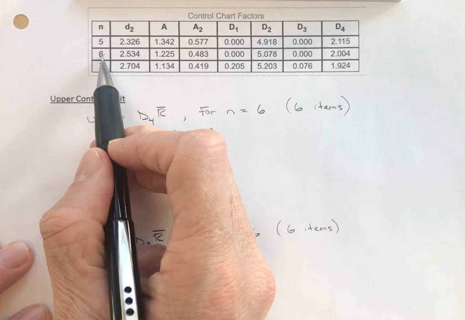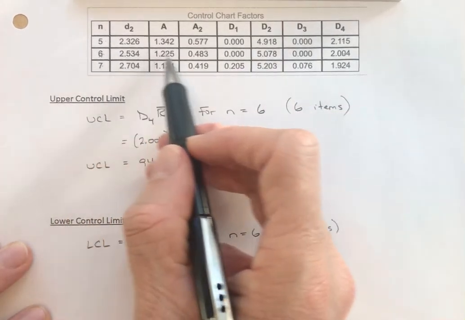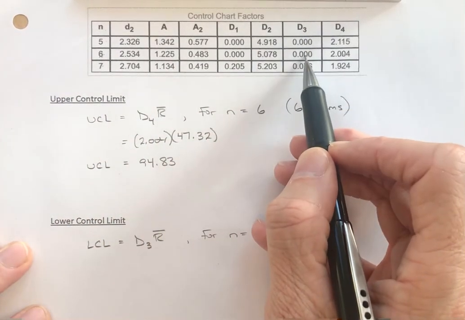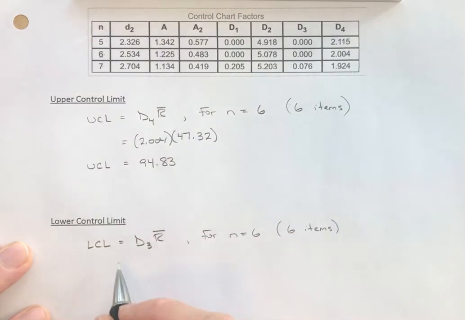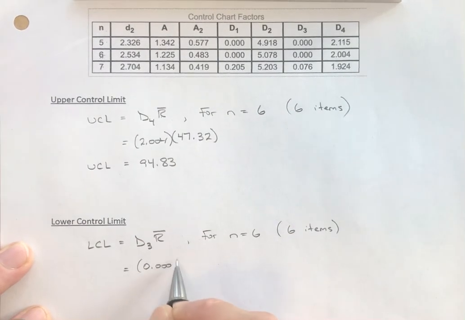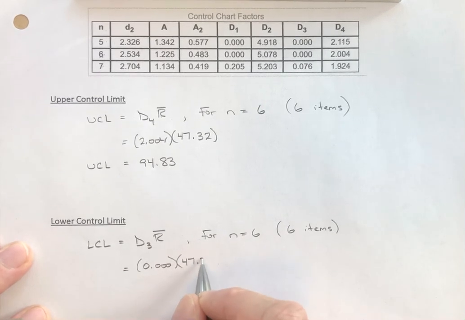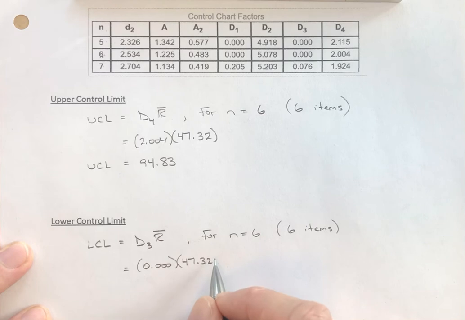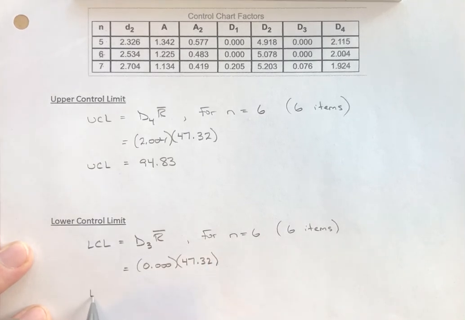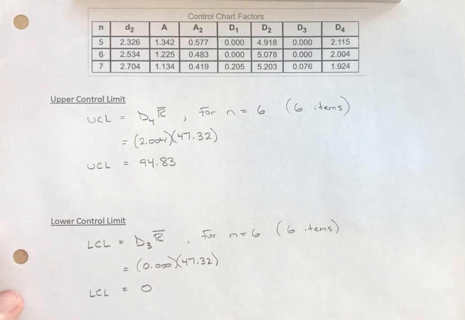So when n is equal to 6, D3 gives us a factor of 0. So it's going to be 0 times R bar. Again, our R bar calculated was 47.32, our central line. And of course, this is pretty simple. Our lower control limit is 0.